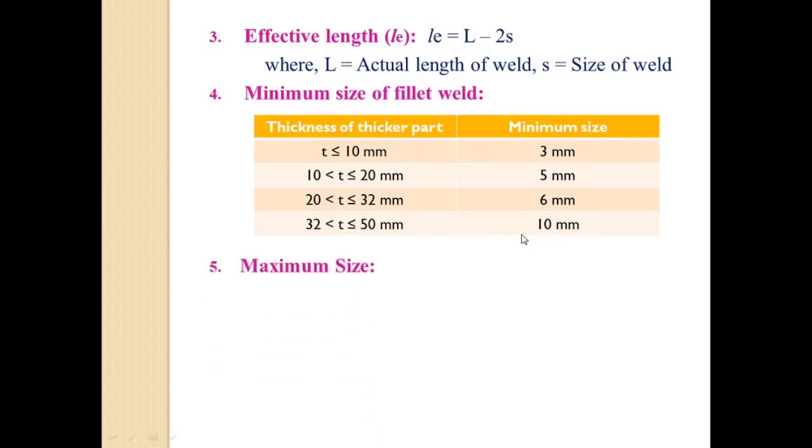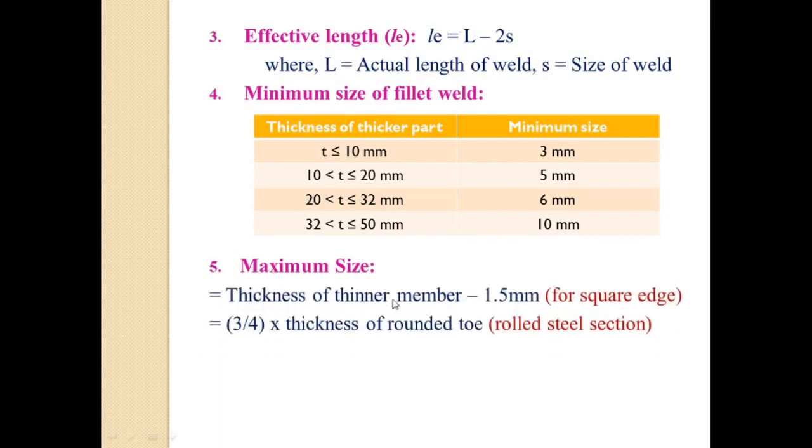Okay, so maximum size of fillet weld. It is the thickness of thinner member minus 1.5 mm. This is for the square edge. And if there is a rolled steel section, that is the angle section with a rounded edge, then the maximum size of fillet weld is 3 by 4th into the thickness of that rounded toe.